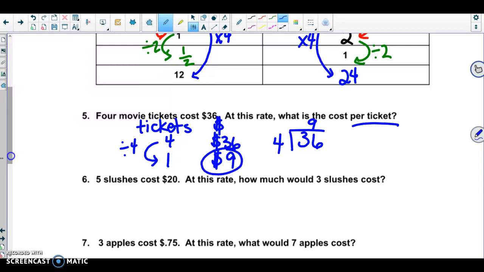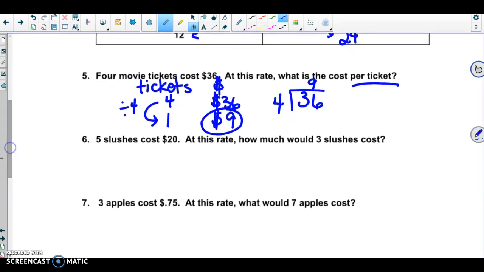Okay, 5 slushes cost $20, number 6. At this rate, how many would 3 slushes cost? Well, I can't just do something to the 5 to get to 3, but I can figure out what one slush costs. So if it's 5 for $20, and I want to figure out how much for 1, I've got to basically divide by 5. 20 divided by 5 is 4.